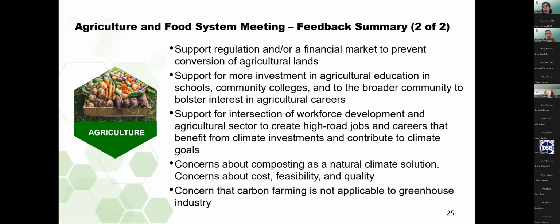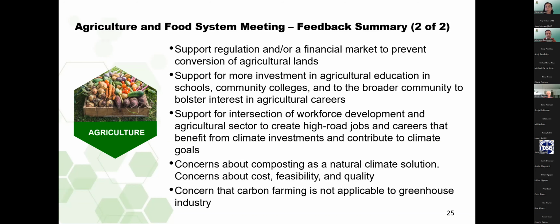Some of the feedback that we received is on these two slides, but broadly, the comments were focused, specific, and geared towards equitable implementation of natural climate solutions in the agricultural sector that support farmers, ranchers, land managers, and other agricultural workers, and maintain the region's agricultural viability.